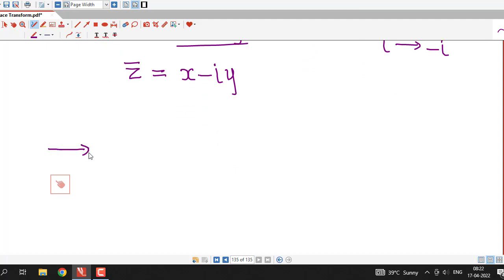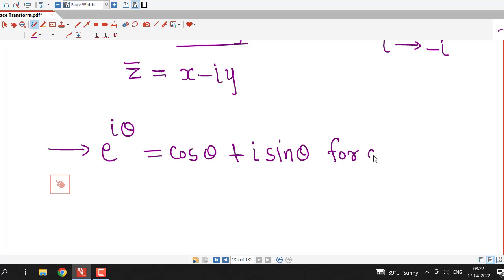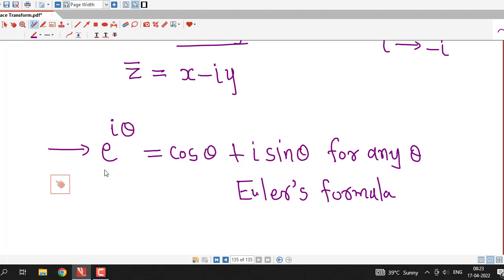Also we require this Euler's formula, e raised to i theta is equal to cos theta plus i sin theta. This is valid for any real number theta. So we will remember this. This is known as Euler's formula, and we can always write e raised to i theta as cos theta plus i sin theta.